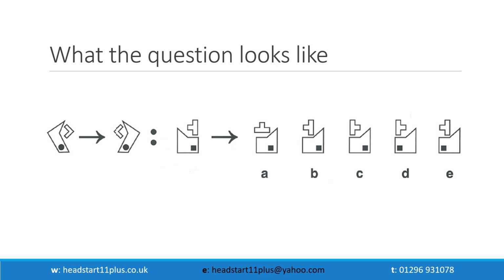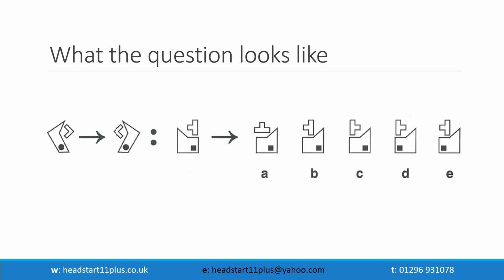In this example, our shape on the left has rotated or mirror reflected onto the shape on the right. So we then have our image, which is the one with the tetra shape in the top corner and the black square in the bottom right. We would need to find an answer on the right hand side that is the mirror image or reflection of our image on the left.